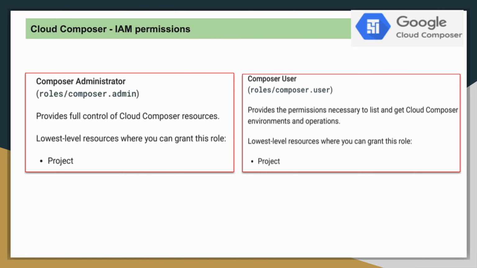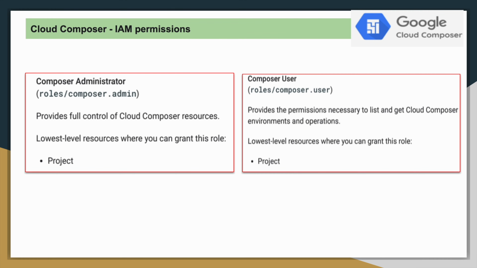First is the administrator role, where a user has full control. He can list the resources and has additional permissions to manage the Google Cloud Composer environment. One more basic role is the Composer user, where you can list the resources related to Google Cloud Composer, but this is a very basic level IAM role.